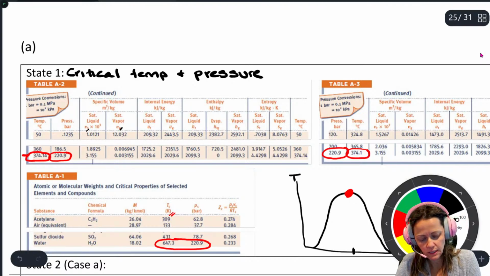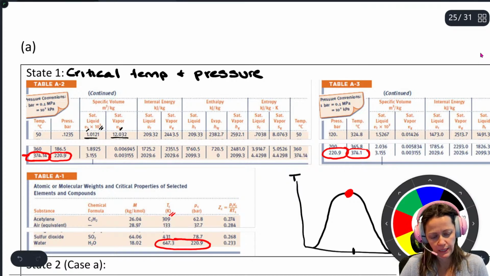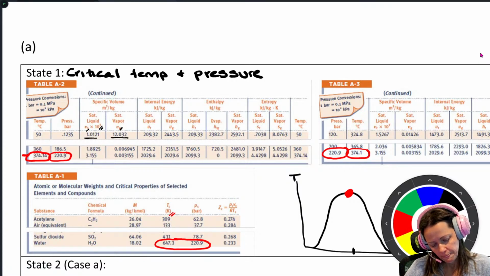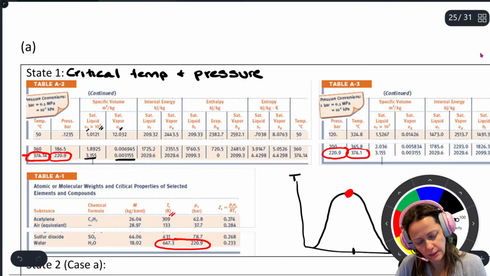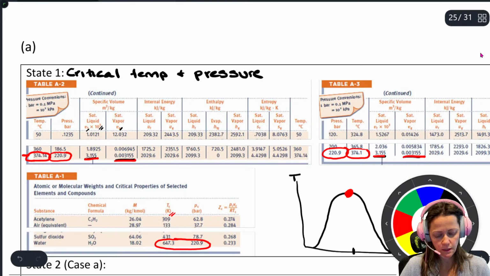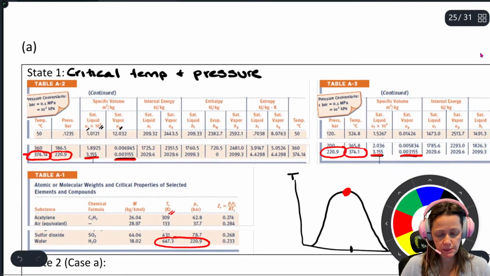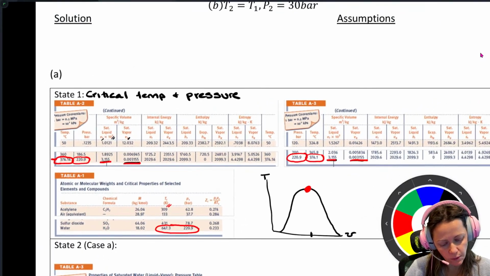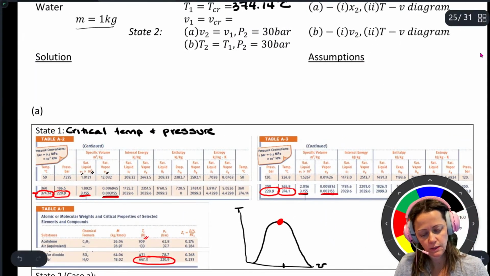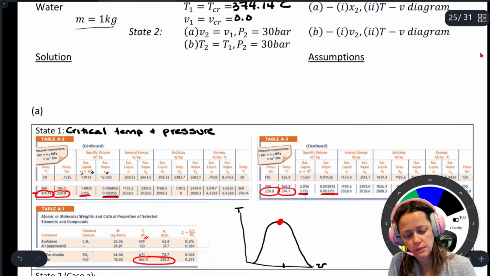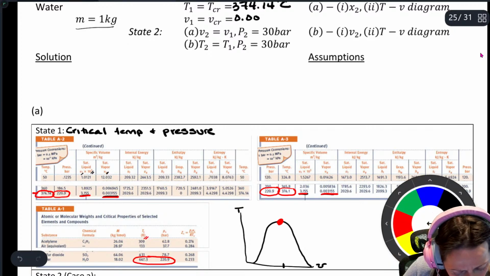And you'll see that this and this are the same number because that one's already been multiplied by 1,000. So there's only one possible specific volume that it could be at, and that would be 0.003155.